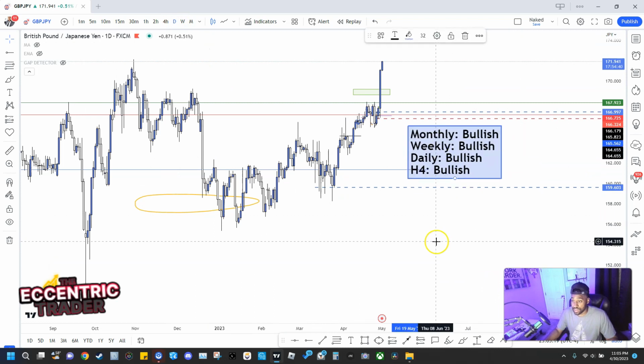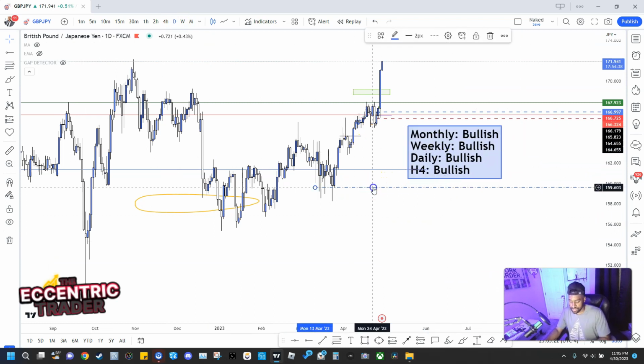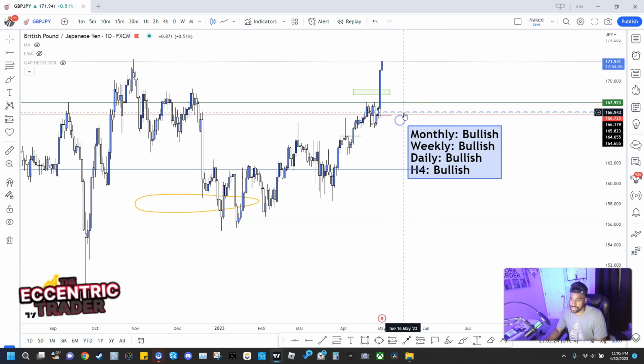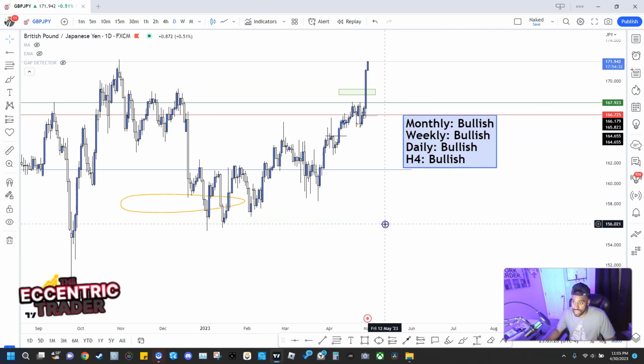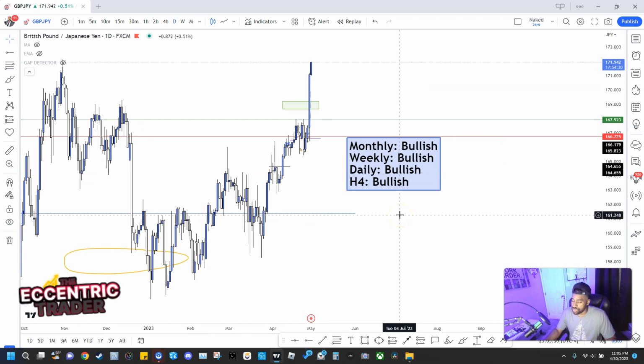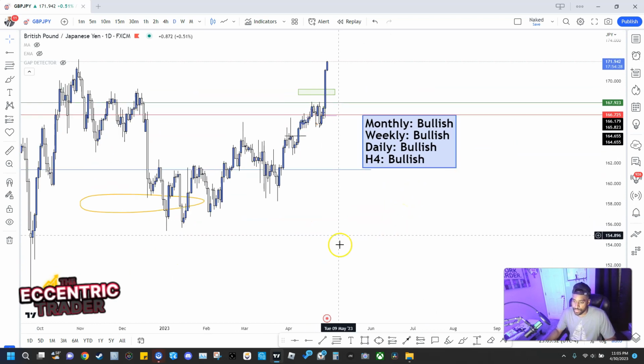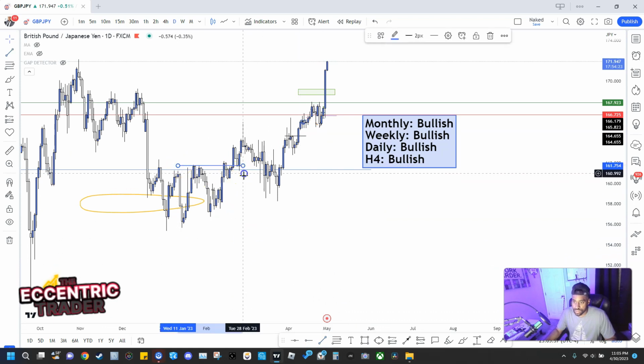All right, daily time frame, extremely bullish. If you do price action, if you know market structure, it's pretty simple. Let's see.